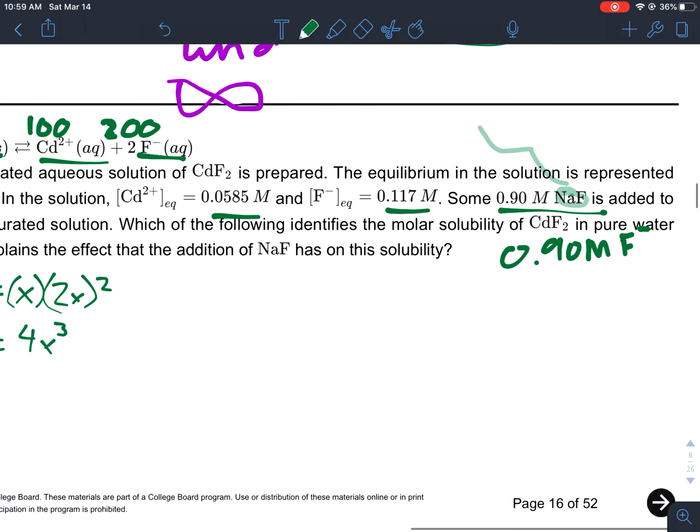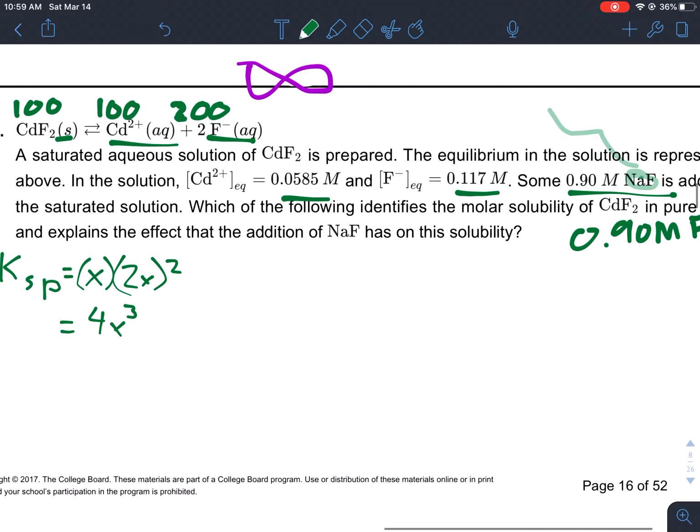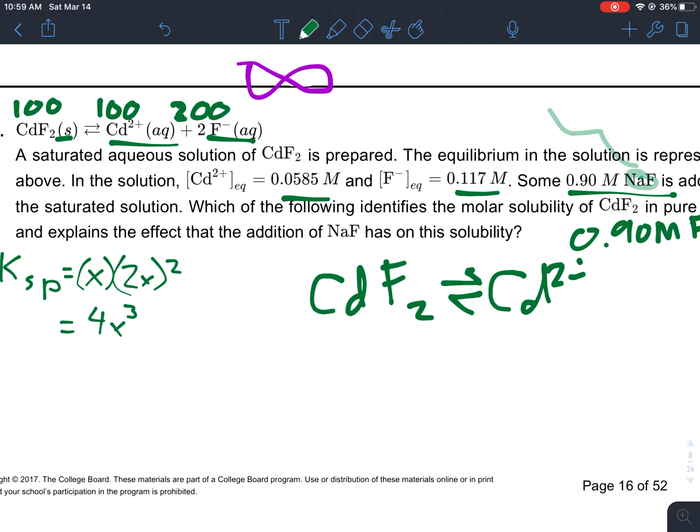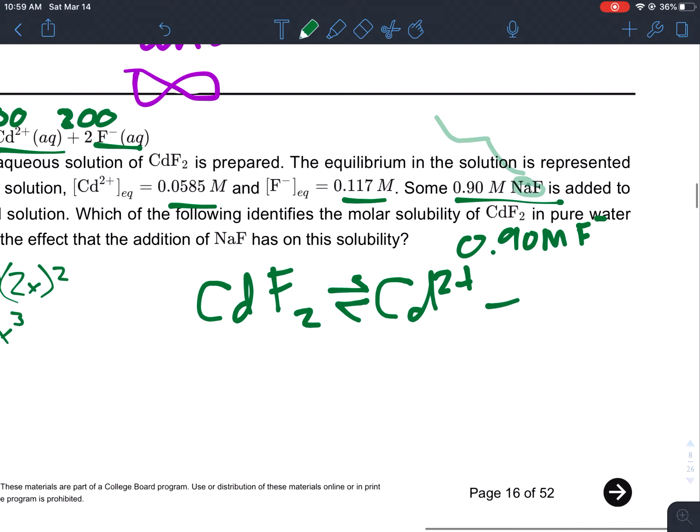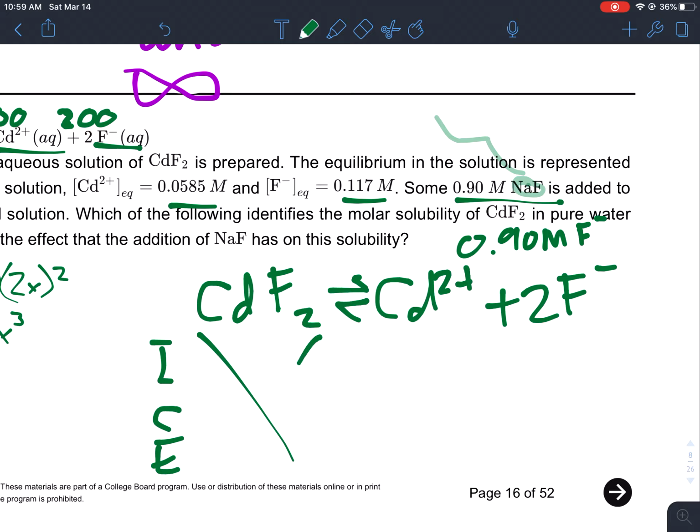So if I did, okay, let's, you don't have to do this, but let me explain it. If you did an ice table, which, again, is overkill, but I want you to understand the concept here. This is what you have here, and for your ICE, the Cd, we don't care about that, that's a solid.